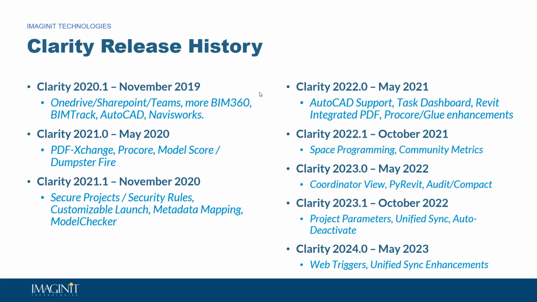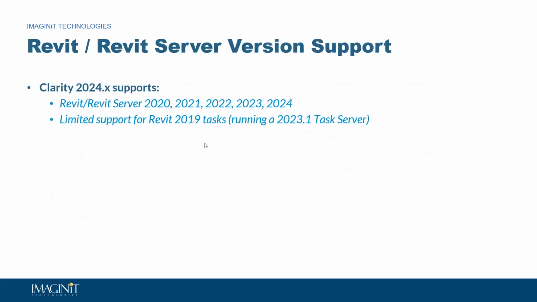But at this point, we're going to continue that release cadence: 1 release in the spring, primarily to support new versions of Revit, Revit Server, and all of the various Autodesk products, and then another release in the fall where we catch up and do a little bit more feature-oriented enhancements. So that's what we have been doing, and that brings us to where we are today.